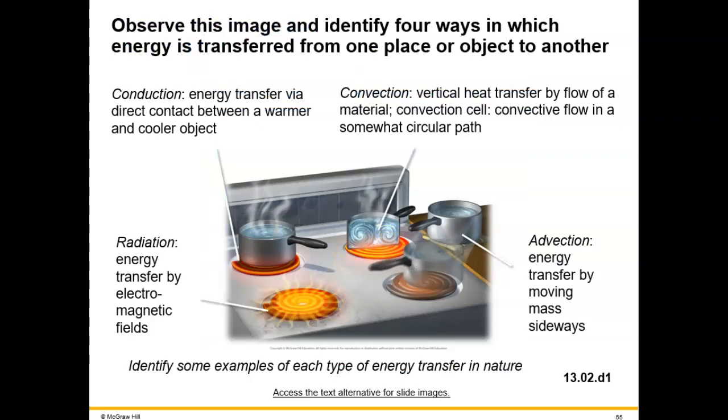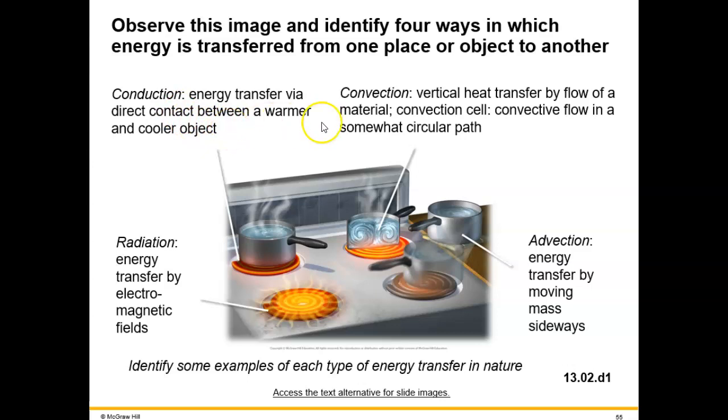Just as another reiteration of that, I kind of like this example here where you can see conduction, which is an energy transfer via direct contact. There are obviously some things that can conduct heat really well, like a lot of metals, but there are things that can't conduct heat very well, like wood or plastic, and that's why a lot of handles of pots are wooden or plastic, because they do not conduct energy very well.